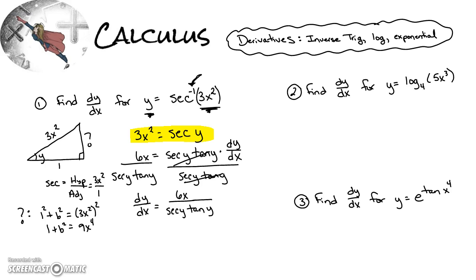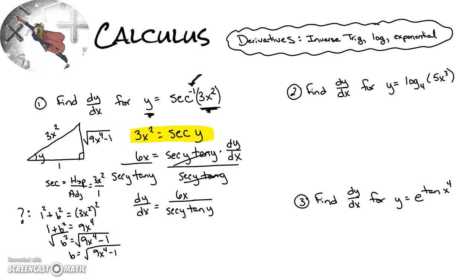So subtract 1, b squared will equal 9x to the 4th minus 1, and then just take the square root of both sides. So this is what b equals. It's the square root of 9x to the 4th minus 1. And that's the question mark. So this, right, I'll erase this question mark. And this side can now be labeled radical 9x to the 4th minus 1.